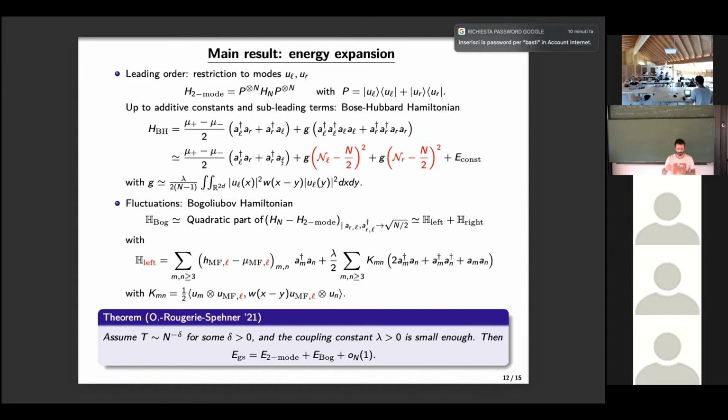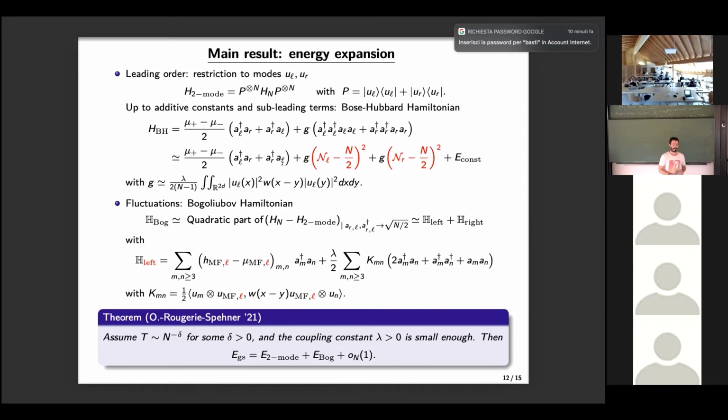And then we have all the rest of the modes, right? And we have to consider the appropriate Bogoliubov Hamiltonian for that. Now, if you have a bosonic system, there is a well-known prescription to write down the Bogoliubov Hamiltonian, which probably dates back to Bogoliubov.